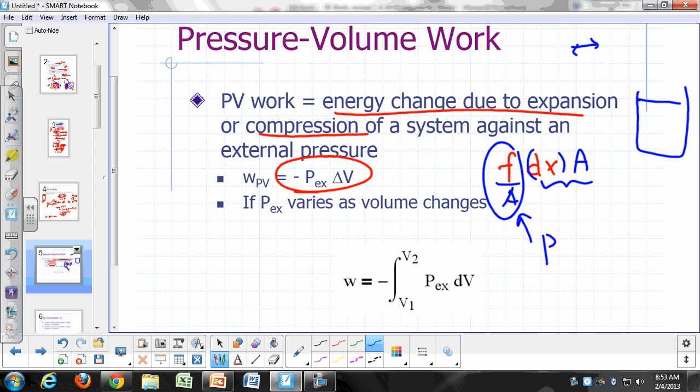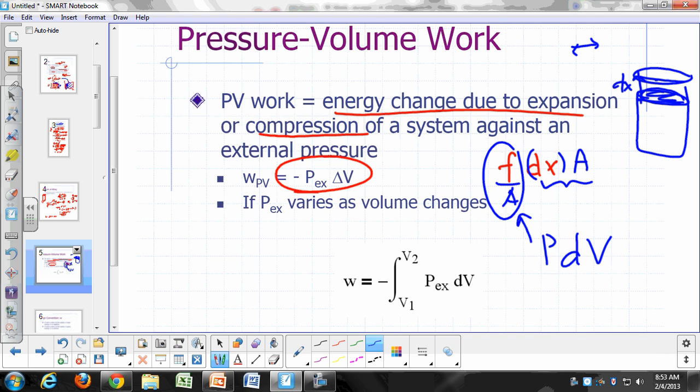If I have something like this with a cross-sectional area A and it moves a distance dx, what happened? That's a change in volume, right? So that's dV. Okay, so pressure volume work is defined as the negative of the external pressure times the change in volume, assuming the external pressure is constant.